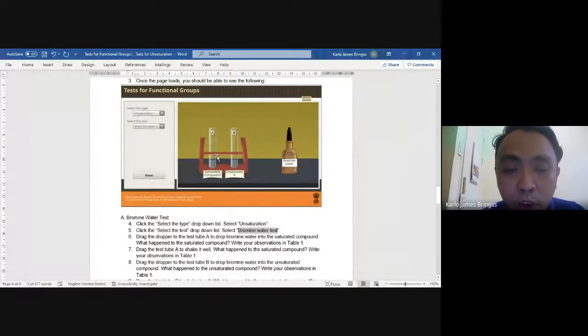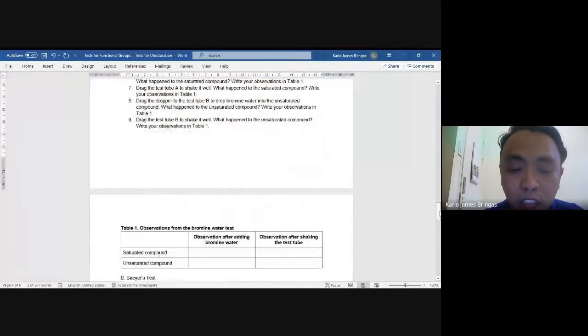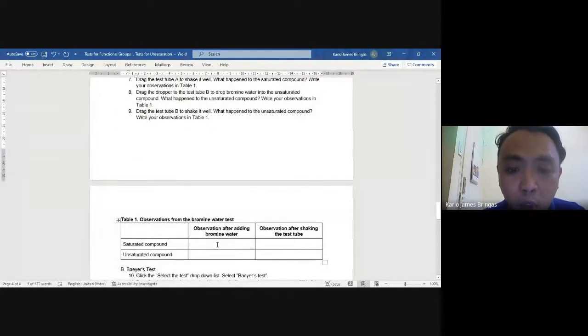So you have to observe what the results are for the bromine test. After you're done doing the test, write down your answers in table 1 as to what observations you were able to see when doing the bromine water test.